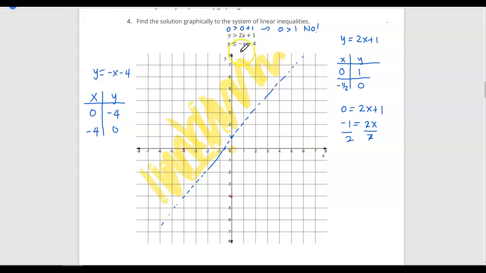Then go back to the original given. You see that there is an equality symbol here. So we have y less than or equal to negative x minus 4. So therefore, we use a solid line to connect these 2 points here. So that's the solid line. So this is the line here.